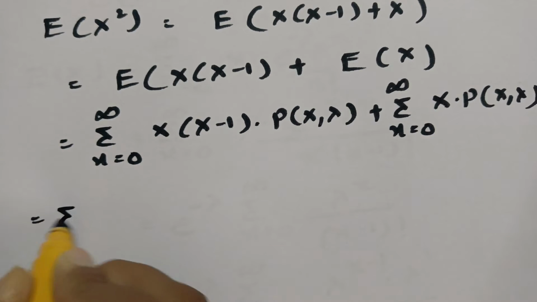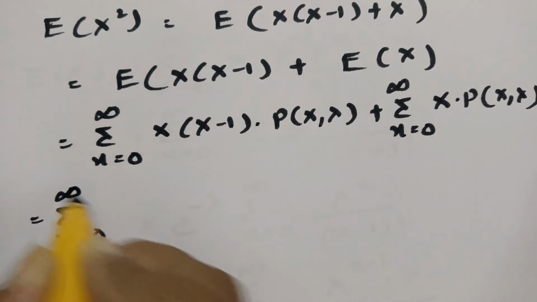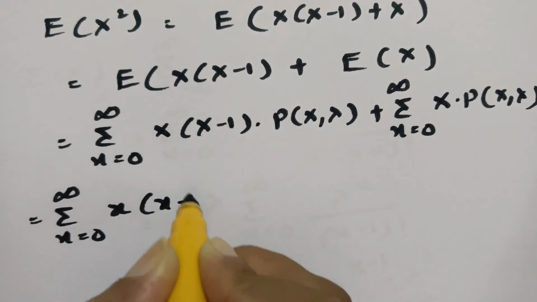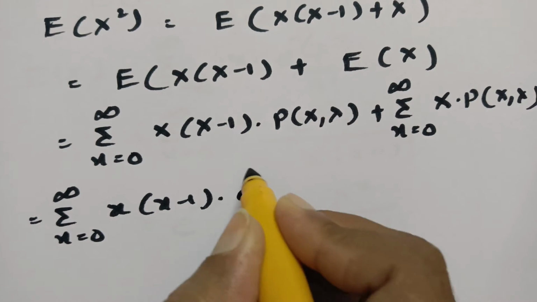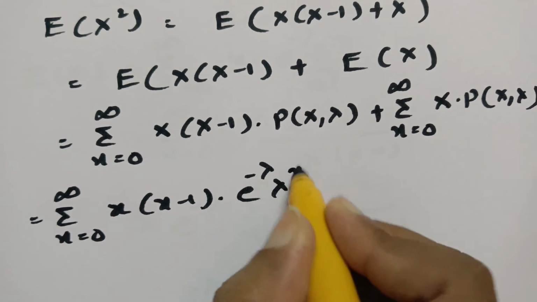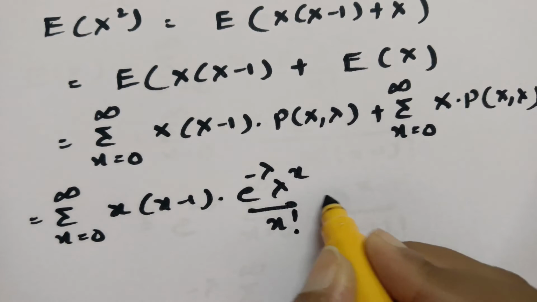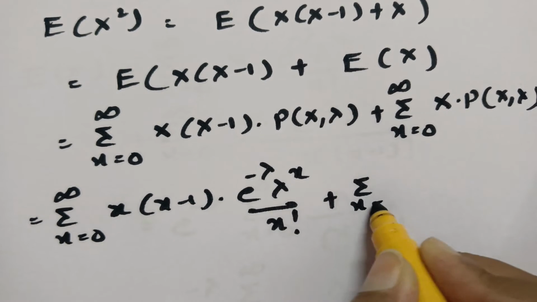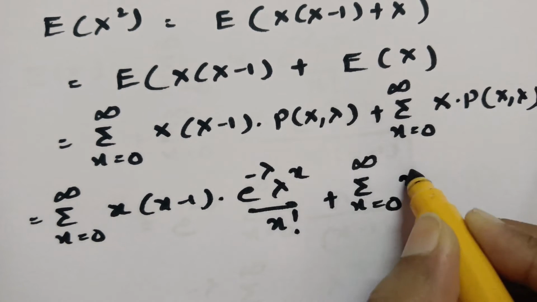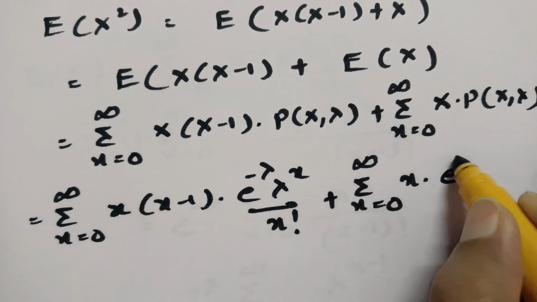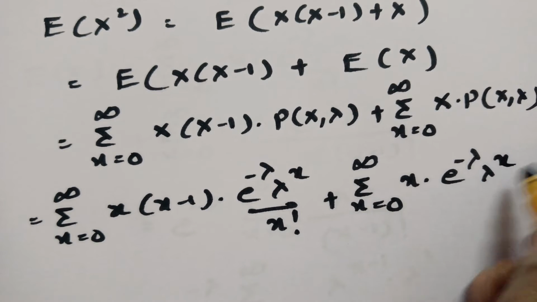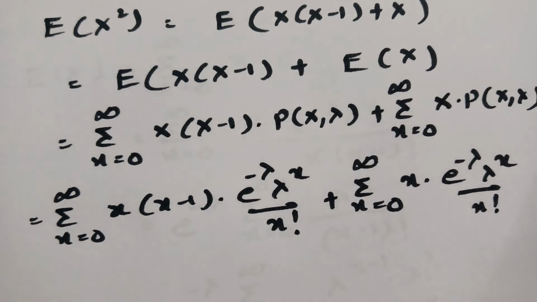So this is sigma x from 0 to infinity, x into x minus 1 into e power minus lambda, lambda power x by x factorial, plus sigma x from 0 to infinity, x into e power minus lambda, lambda power x by x factorial.